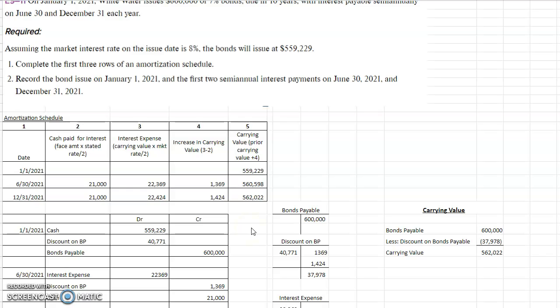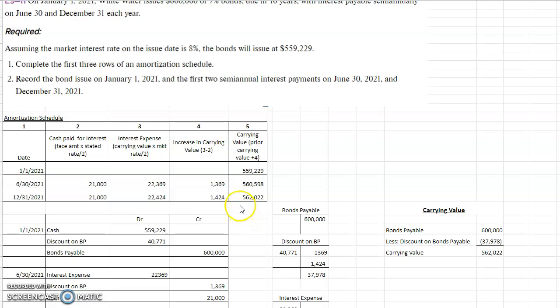Cash paid for the interest is always going to be the same. It's always going to be the face amount of the bond times the interest rate for half of the year. So in this case, our interest that is paid to the investors is $21,000 every 6 months for 10 years.